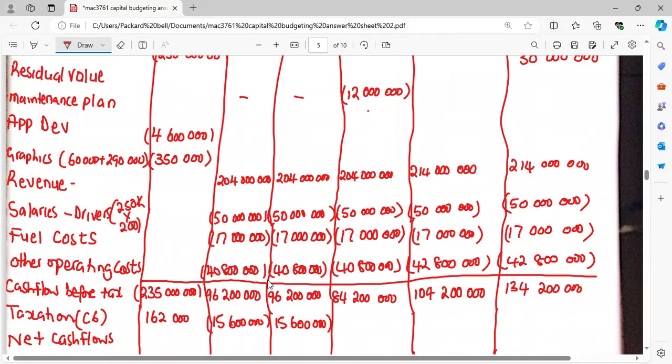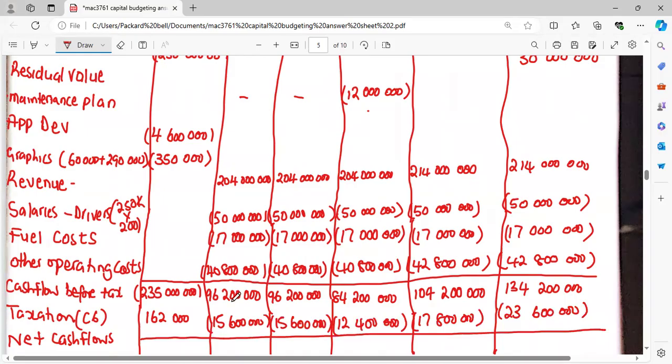Then the third one we say is how much? 12,400,000. Then the fourth one, 17,800,000. Then here we say 23,600,000. So we need our net cash flows.